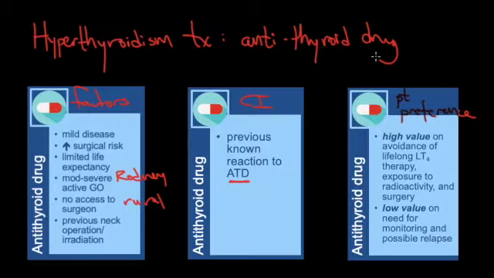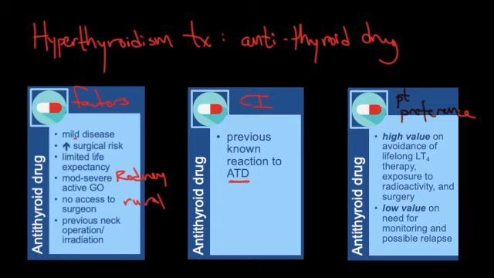Let's cover anti-thyroid drugs first. Factors that predispose us to thinking that this might be a good idea for the patient: if it's relatively mild disease, it might be a good idea. Also, if they're at increased surgical risk, it might not be a good idea to go the surgical route, and it might be better to just give them this oral therapy.